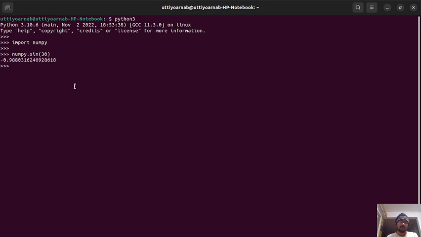No, because we have to give the argument value of the sine function in radians. Since we want to calculate the value of sine 30 degrees, we must give the correct value in radians corresponding to 30 degrees. So first we have to convert this 30 degrees to radians and then give it here.